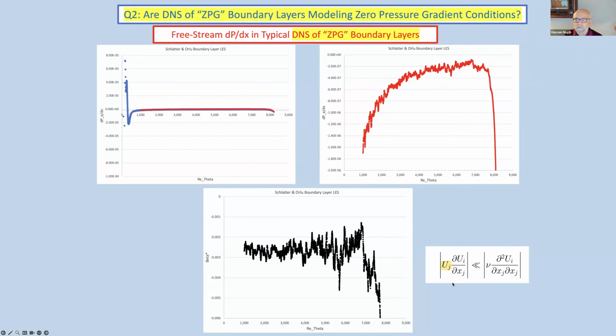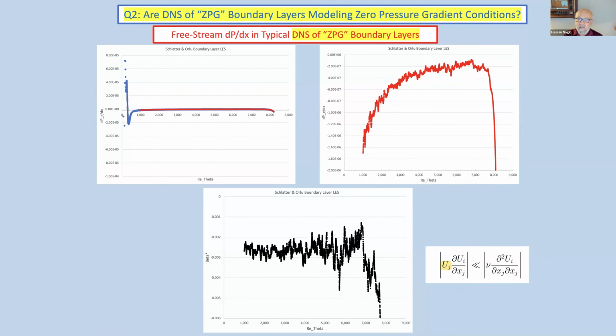Actually, the student who pointed this out to me in class was earlier on the Zoom call, but he may have left. He said to me, you just told us dU/dy near the wall is very large. How can you say it's much smaller than the viscous term? I said it must be controlled by the V velocity.